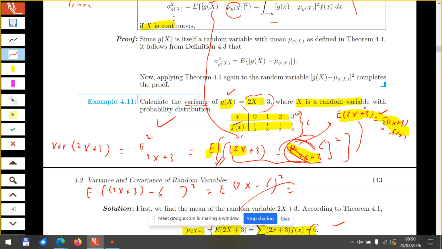So you can now use the same formula, but this time it will be the sum, and you will again have this f of x, because every expectation will have this f of x, that's for sure. Now the thing is, what do you write here? In this case, it will be 2x minus 3. So I'll just write 2x minus 3, and because it is a square, so square, and all possible values of x, which is 0 to 3.